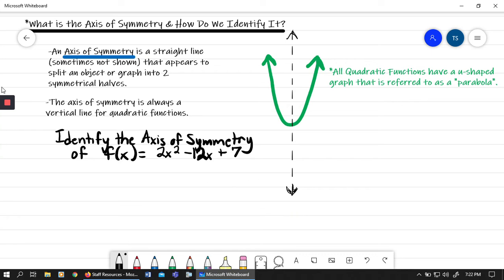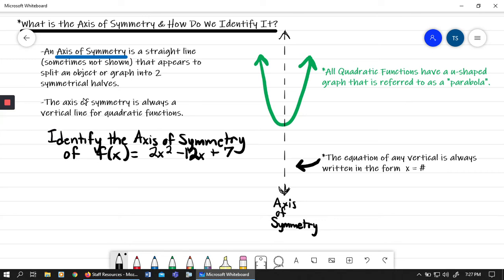Because this axis of symmetry will always be a vertical line, you're going to need to give the equation for it. Again, the equation of a vertical line is always written as x equals some number. In this standard form, we identify the axis of symmetry by using this particular calculation.